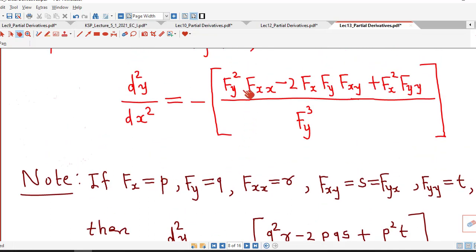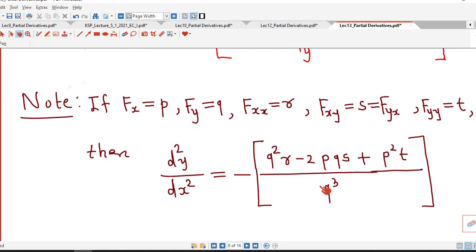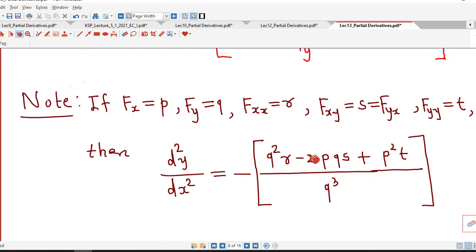So if we use these notations in this formula, we will have this formula for the second order derivative of y with respect to x. So it is minus, here in the denominator we have the cube of del f by del y, so it is the cube of q, here q square into r, that is del f by del y square into del square f by del x square, and the last term is written by replacing q by p and r by t, and here we have minus 2pqs.